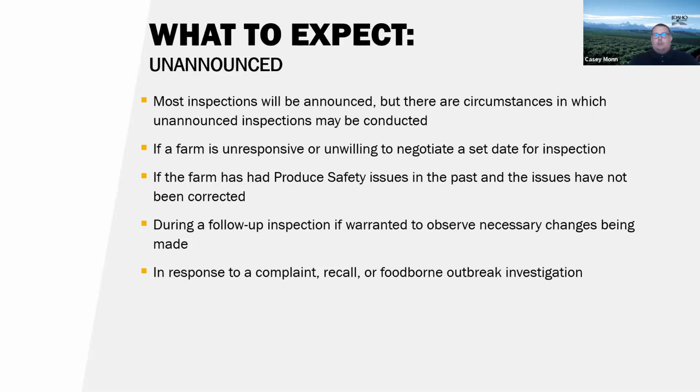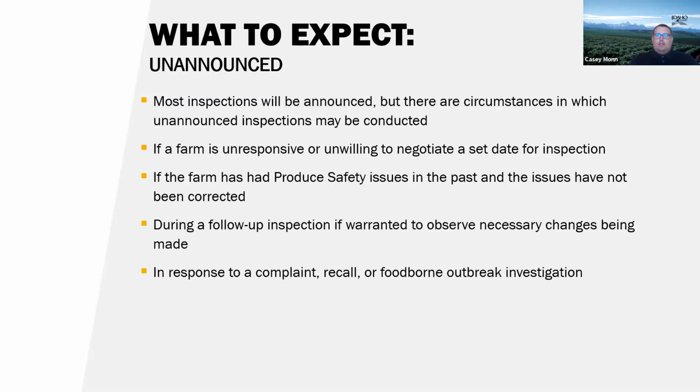If a farm is unresponsive or unwilling to negotiate a set date for inspection, we would most likely show up on that farm and determine what activities are occurring, and what portion of the inspection we can move forward with. Our goal is always to work with the farm, but there are some instances where that doesn't work out. It is safe to assume that an unannounced inspection may take place in that circumstance.